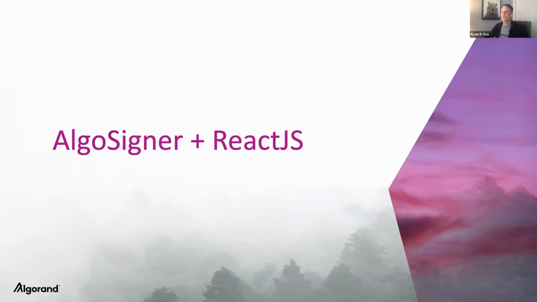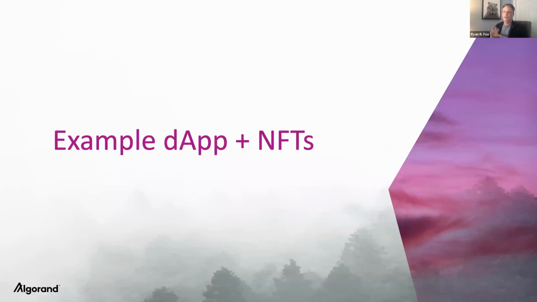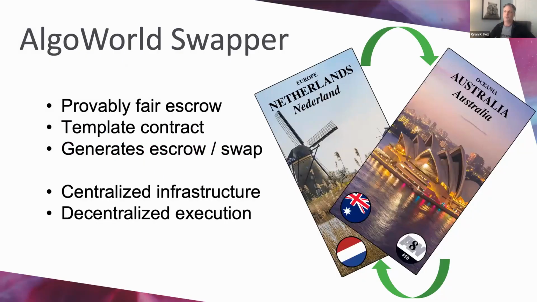All right, let's move along, and let's try to do something a little bit more advanced by moving into an example dApp using some NFTs. So what I have started to build here is called the AlgoWorld Swapper.